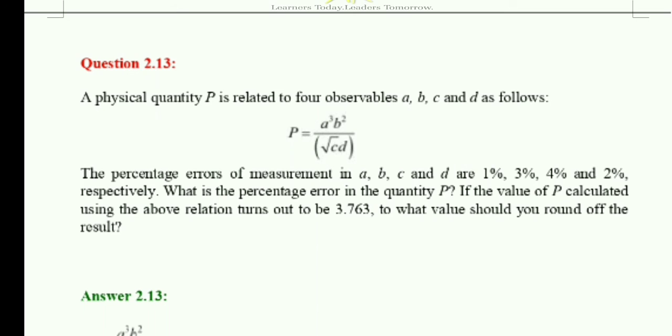It means this question is based on the percentage error. Now what is the percentage error in the quantity P? If the value of P calculated using the above relation turns out to be 3.763, to what value should you round off the result?